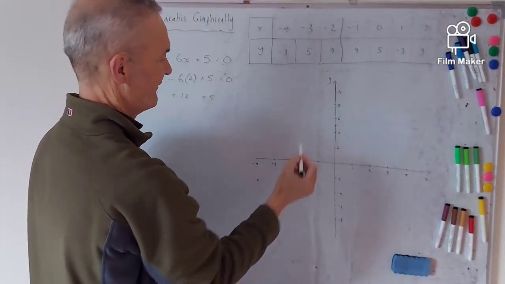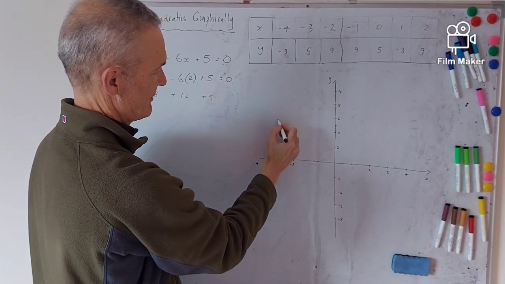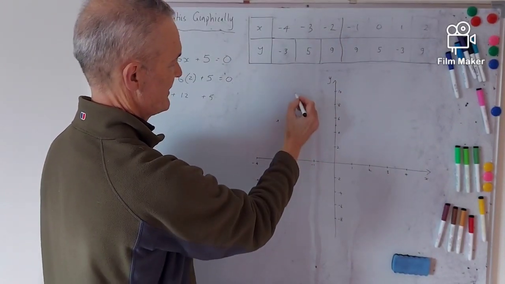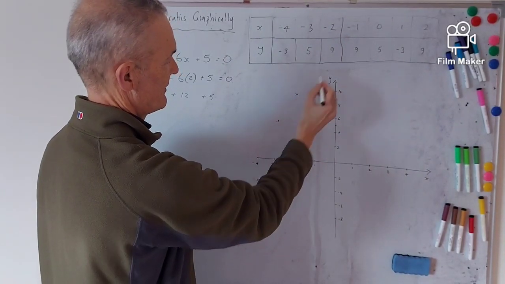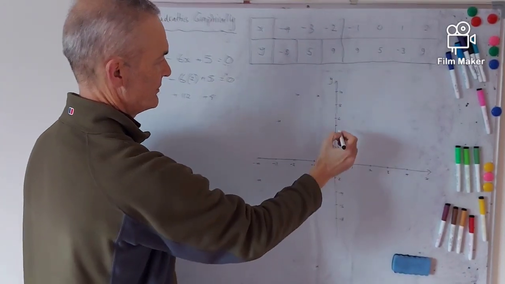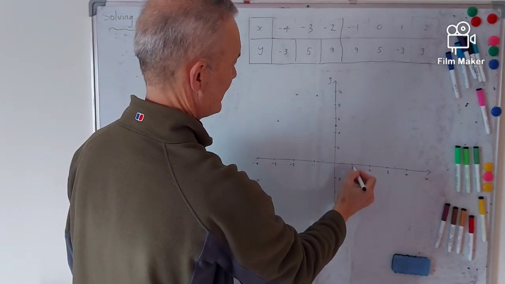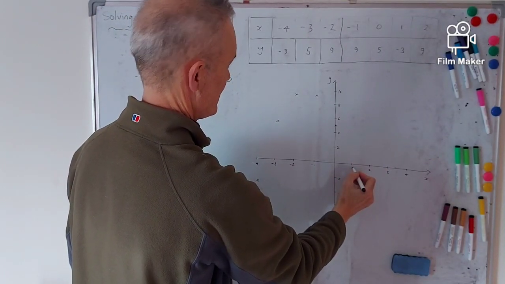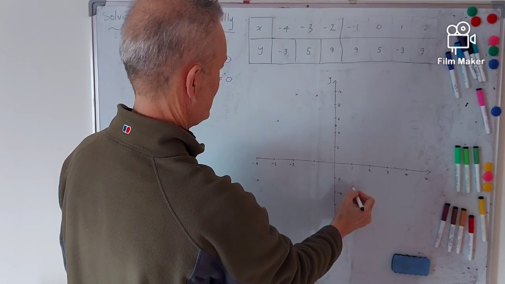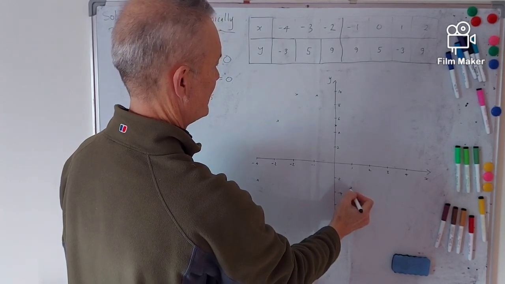So -3, 5, -2, 9, -1, 9, 0, 5, 1, -3, going to be about there, and then 2, 9.